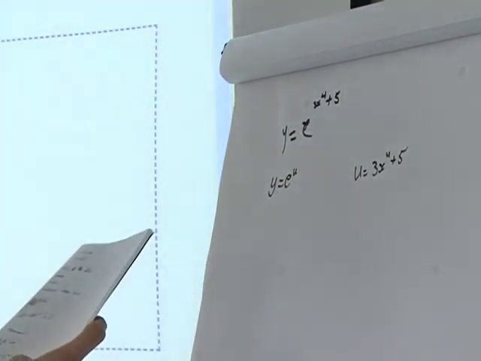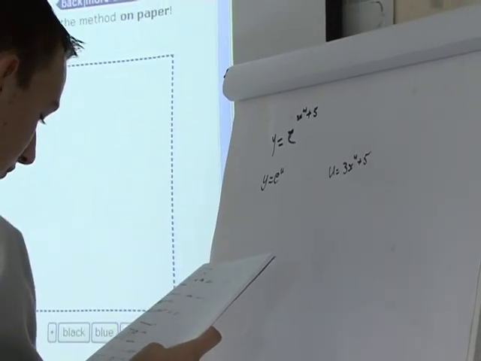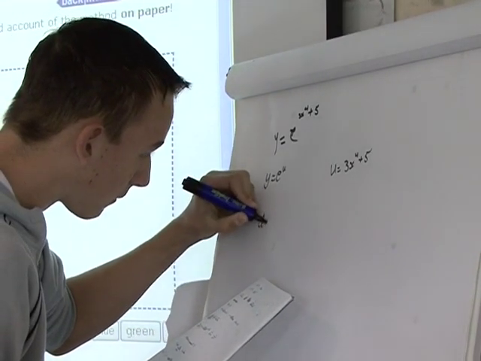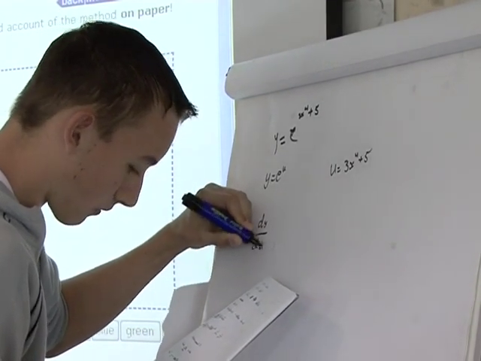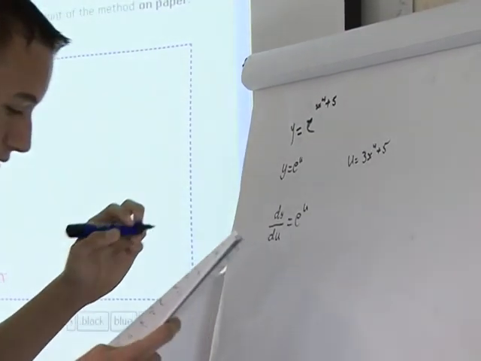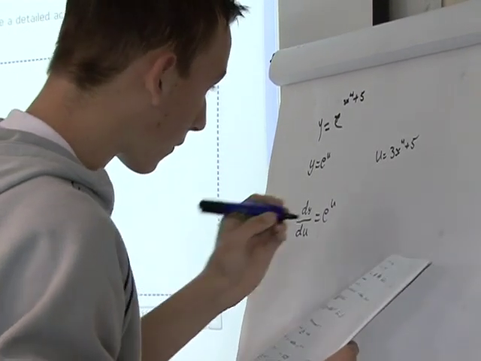Excellent. So Matt's identified the components of the composite. What's next? dy over du. So that equals e to u. Excellent. The exponential function stays the same when you differentiate it.